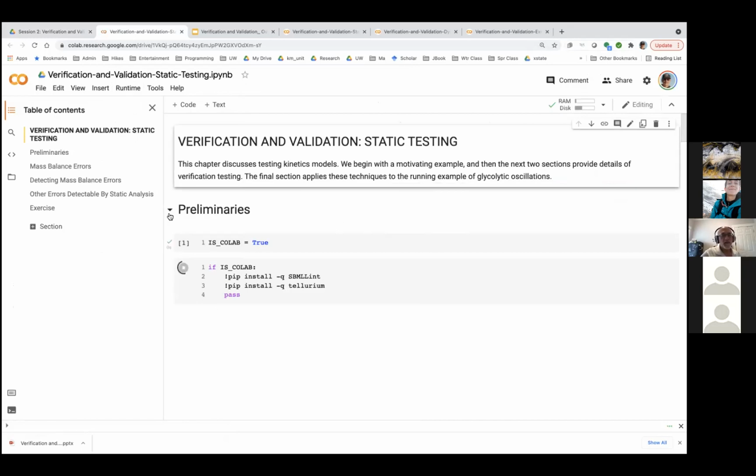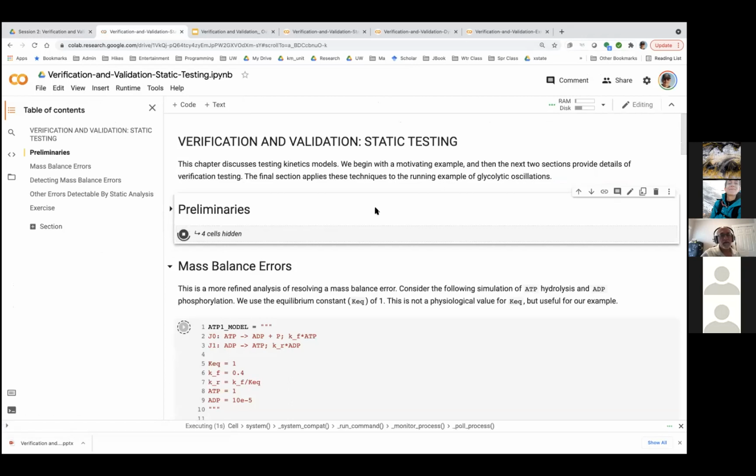Oh, this is my, okay, so the usual thing as I organize my notebooks, the preliminary sort of sets up the environment for you. Tried to go through that on the first day to show you what's there so that you're aware of where things came from. For the purposes of this particular lecture, I'm not going to review that again.